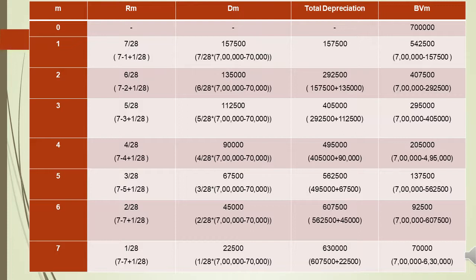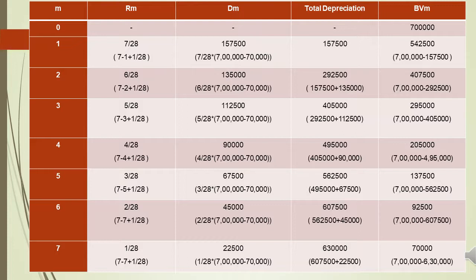Next I will calculate DM for the fifth year, that is 3 by 28 into 7 lakhs minus 70,000. My answer will be 67500. Now I am going to calculate the DM value for the sixth year.